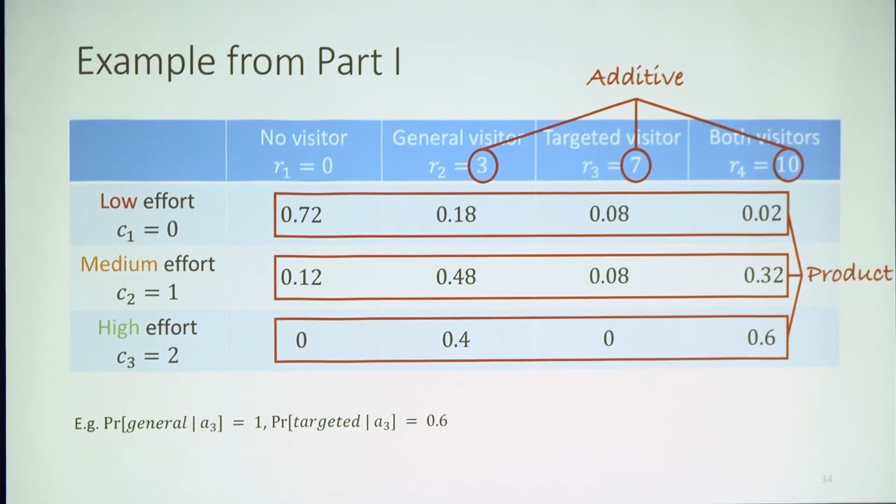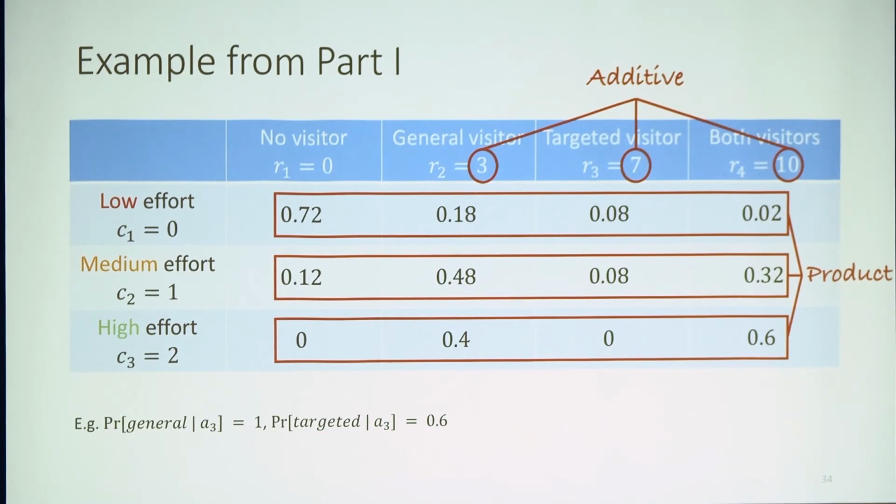This example was also set up in a way that has these additional assumptions that we need, namely that these probabilities come out of product distributions of whether you reach a targeted or a general visitor. And the payoffs here were linear or additive, right? So 3 for just the general visitor, 7 for the targeted, and if both come, you get 10. For the product distribution, I think that's easiest to see in the final example.